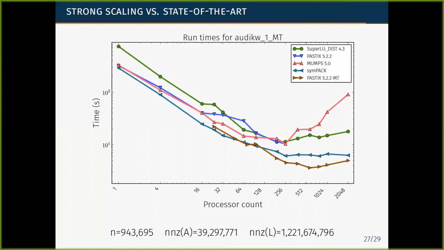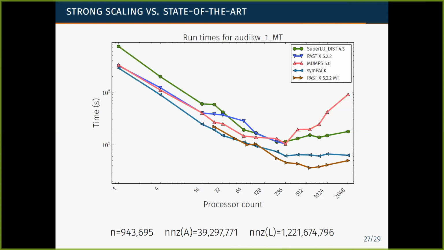I have another example where if we consider pure flat MPI codes, we see a similar trend. But PASTIX has the ability to exploit hybrid parallelism. And so if you turn on hybrid parallelism for this particular problem, then it's able to outperform our flat MPI solver.